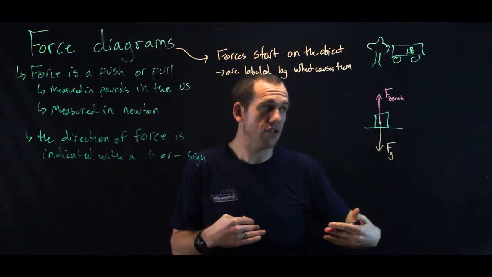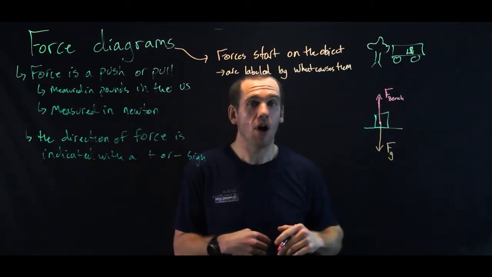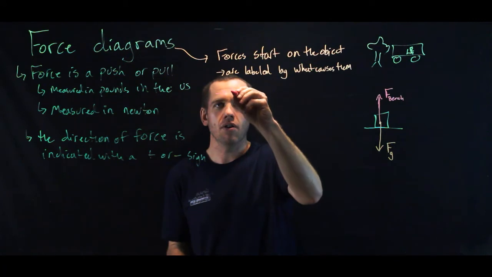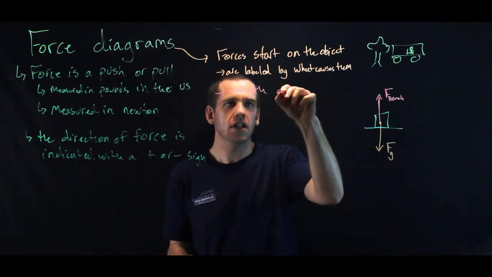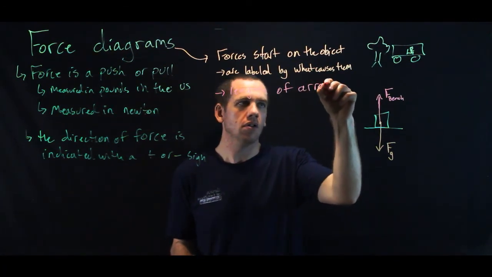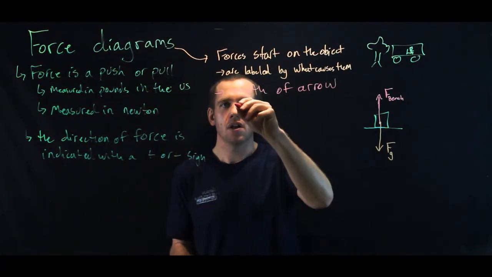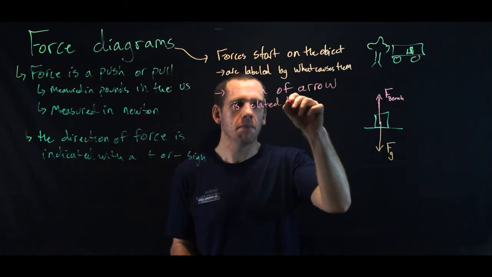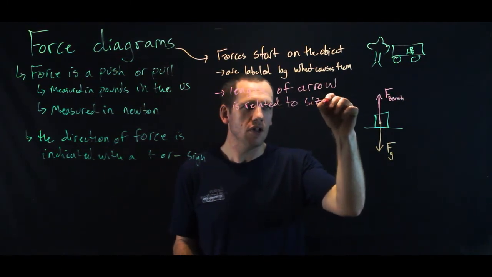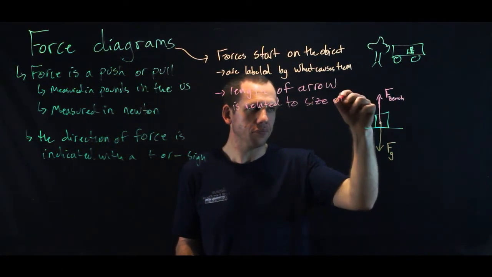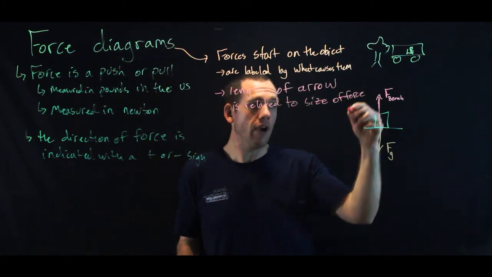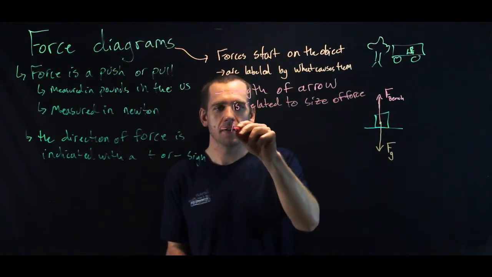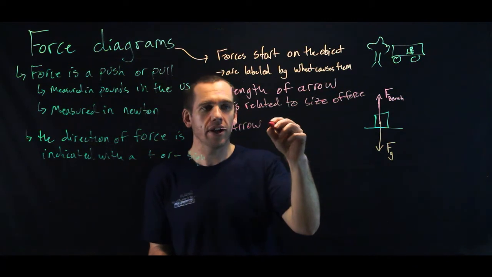You don't get sucked through the bench, you don't get forced up off the bench, you just hang out on the bench. So the length of the arrow is related to the size of force. Now, you don't have to be perfect with this, but if it's a bigger force, you should draw the arrow longer. And of course, I didn't write it, but the arrow points in the direction of the force.